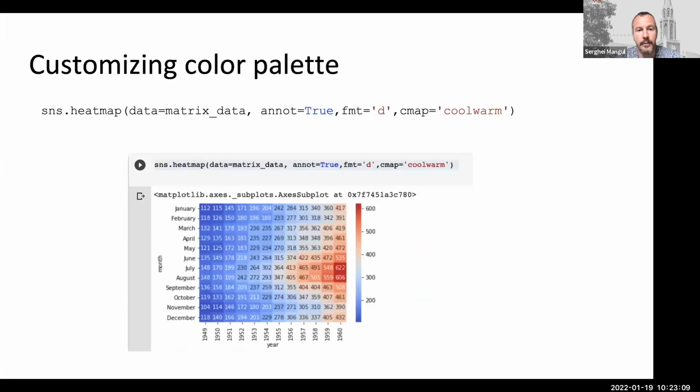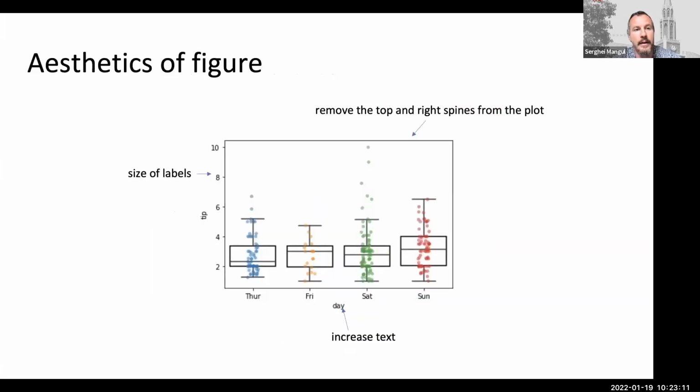Okay, a few more things about the aesthetics of the figures. For example, we have produced this plot, right? Remember when we combined the box plot and this strip plot. There are a few things you may consider changing just to improve the aesthetics.